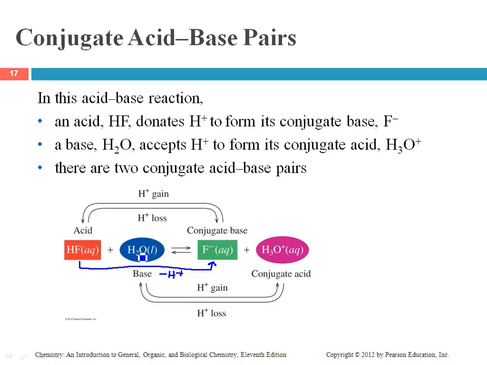Water acts as a base in this reaction, and it gains a hydrogen ion, so it's going to be positively charged and have one more hydrogen on it, and this is going to be our conjugate acid. Our H3O+ means acid, therefore it makes sense that it would be our conjugate acid.